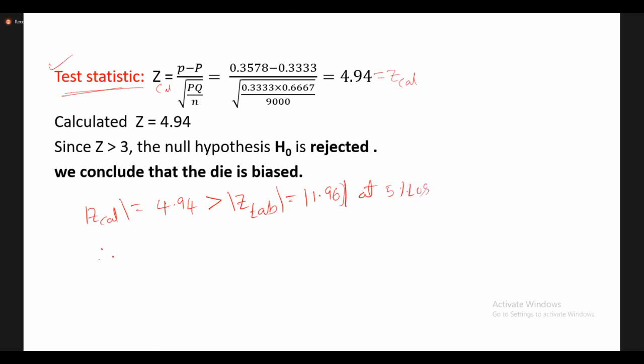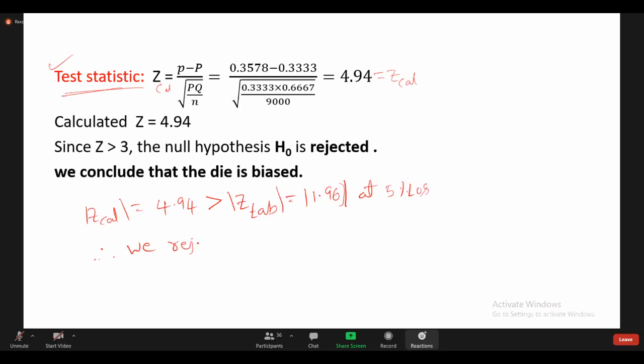Therefore, we reject the null hypothesis. We reject H naught. Very good.